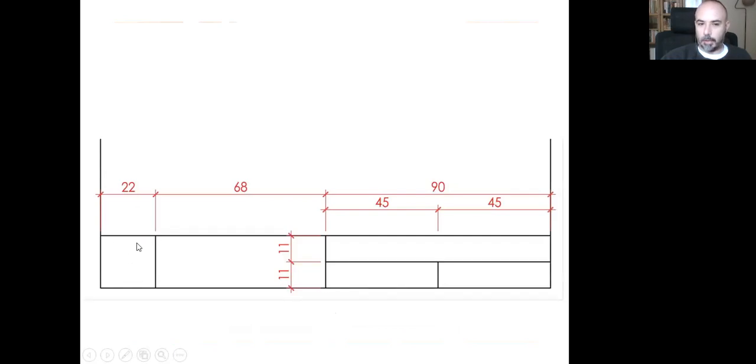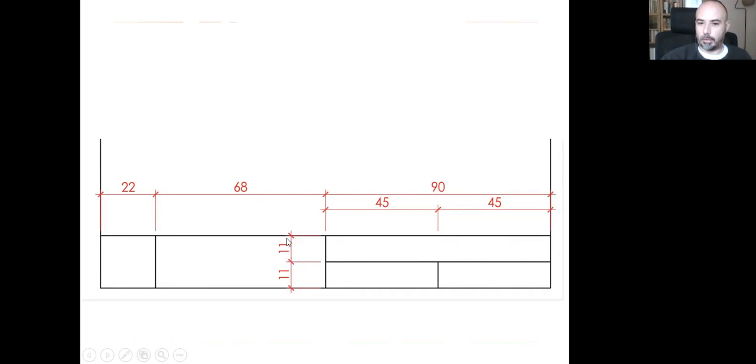And then after you draw this vertical line, you are going to leave a 68 millimeter gap here, just an empty rectangle. And you will divide this right rectangle into these three parts.